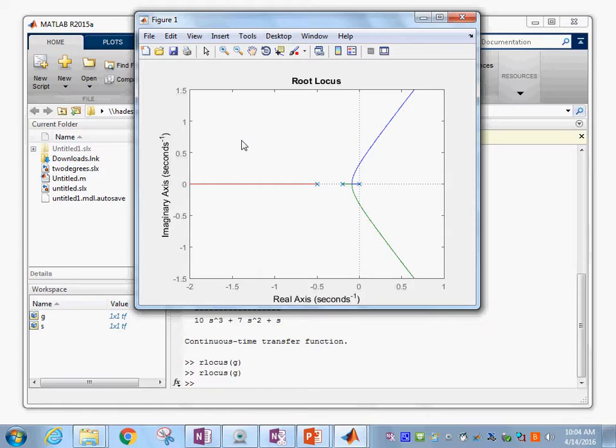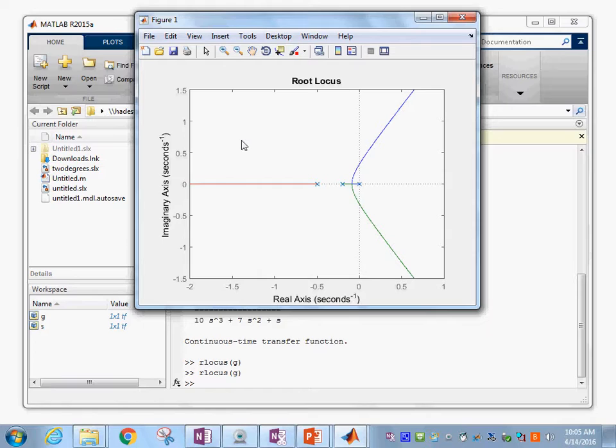When I was in school, we did this by hand, and using those asymptotes and angles of departure and all the stuff that in your book you will find. But I'm not going to lead you that way. I'm leading you this other way. Just find a way to enter your transfer function in MATLAB, and you'll get your root locus plot.